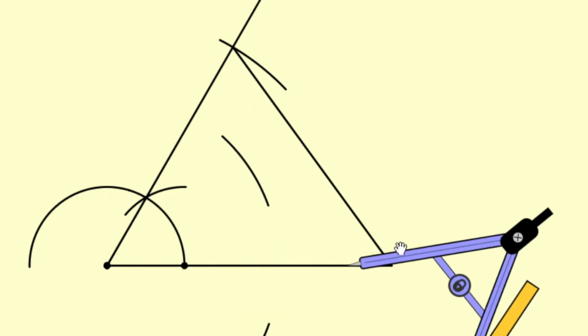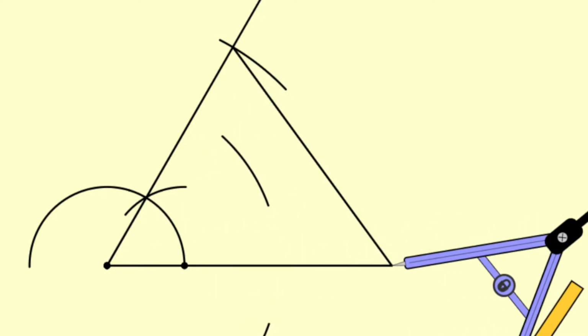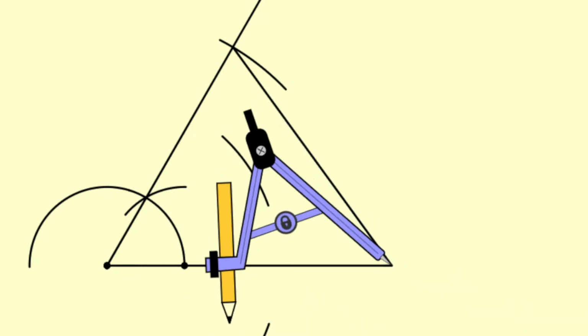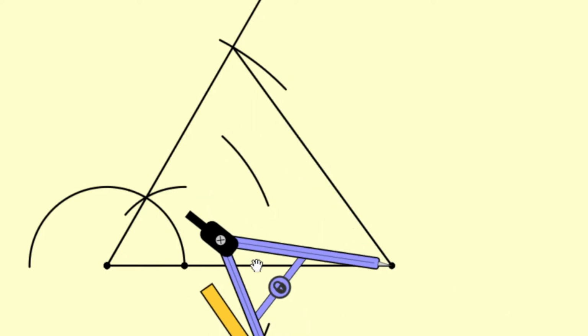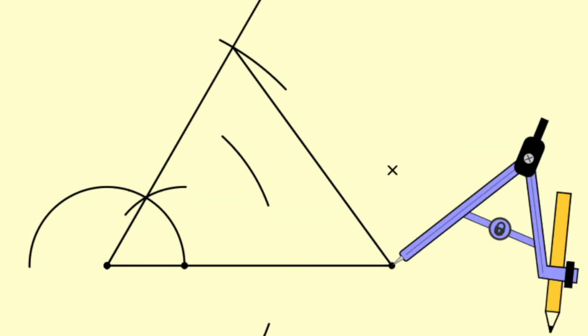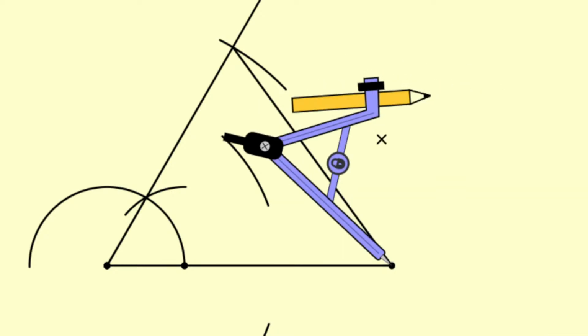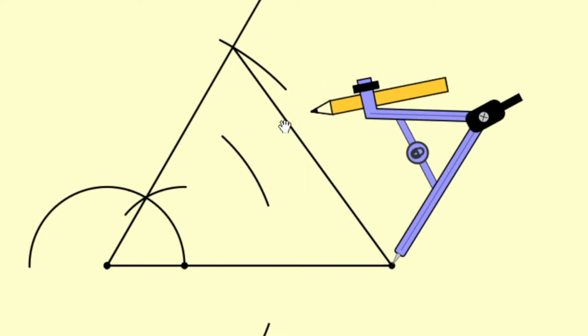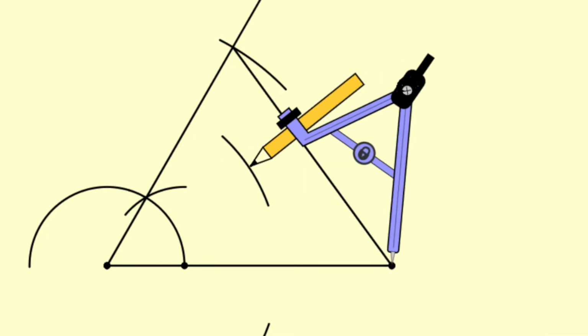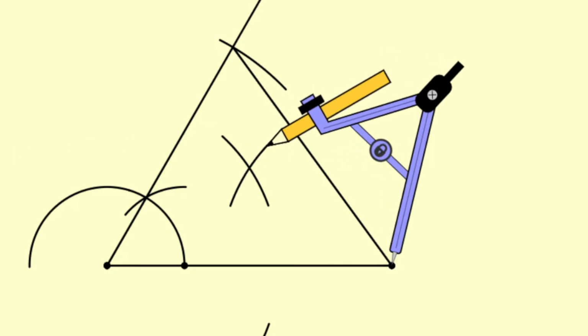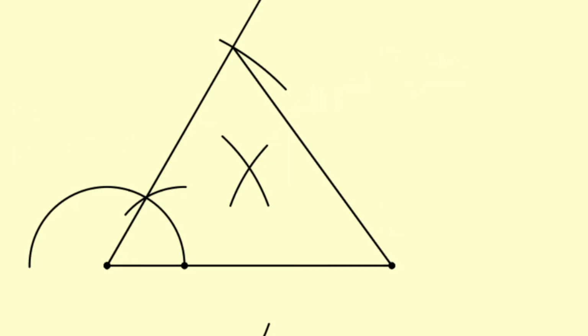With C as center, same thing, one arc at the lower side, one arc at the upper side, and both the arcs should intersect.